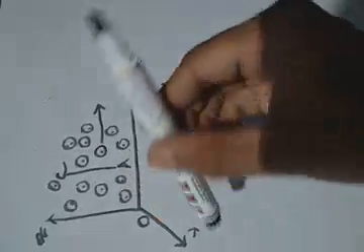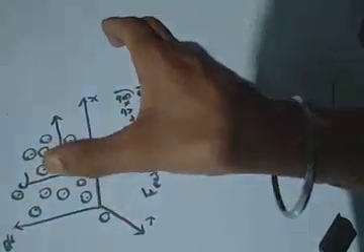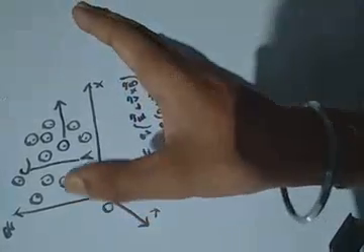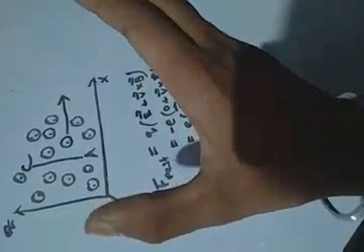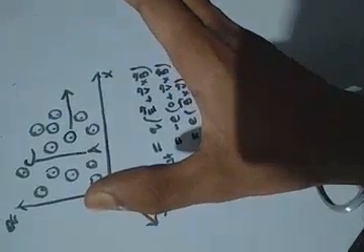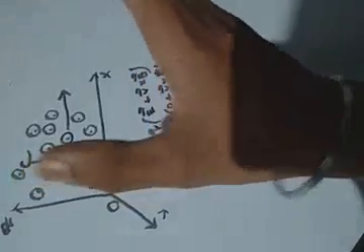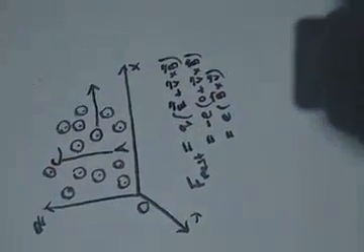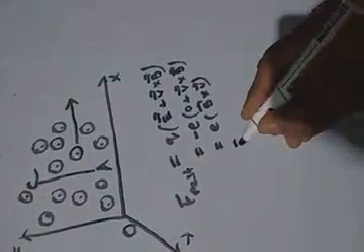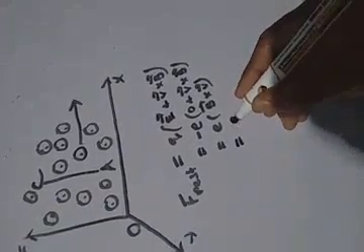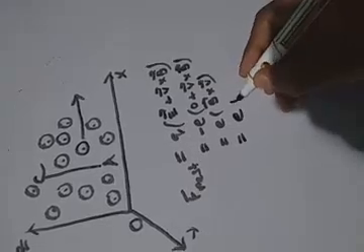So B cross V, we go from here to here. Where does the thumb point? The thumb points in the Z direction. So this will be in positive Z direction.